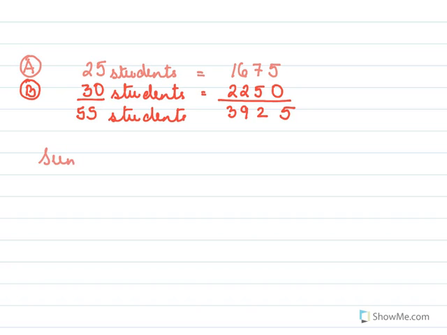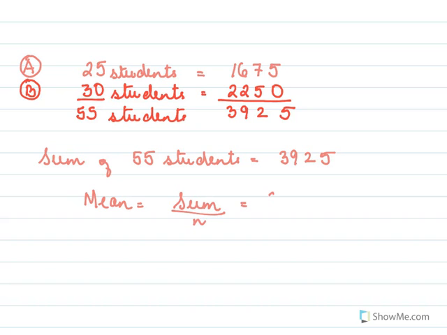So sum of 55, that is A plus B, equal to 3925. So to find the mean, we do sum over number of observations, that is 3925, number of observations is 55, and when you divide this, you get 71.36 till 2 decimal.